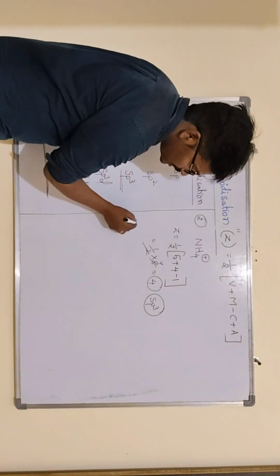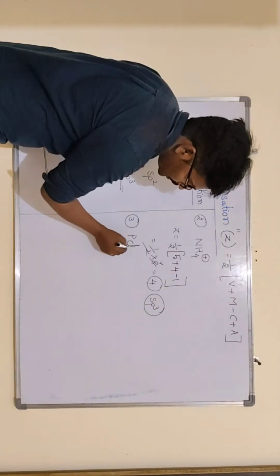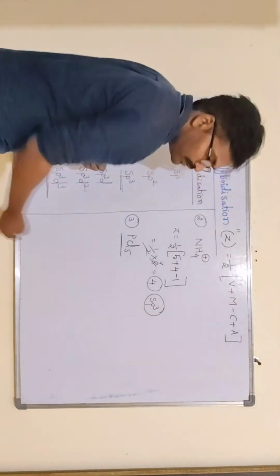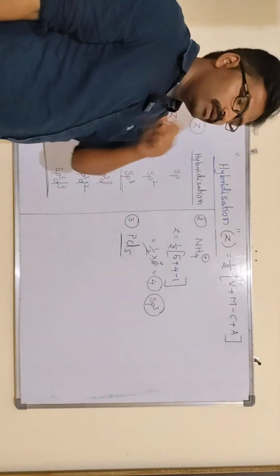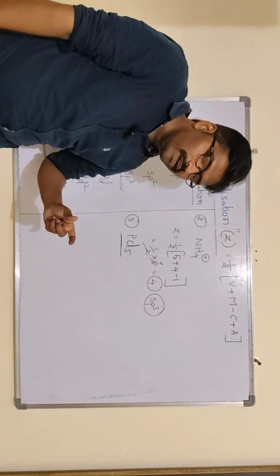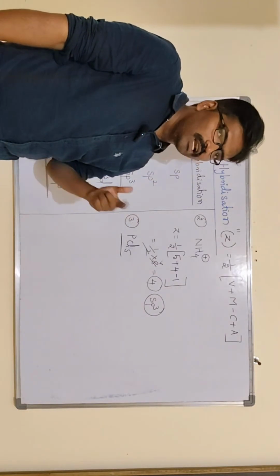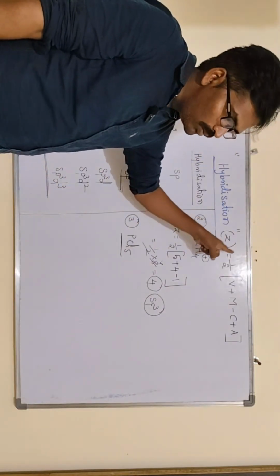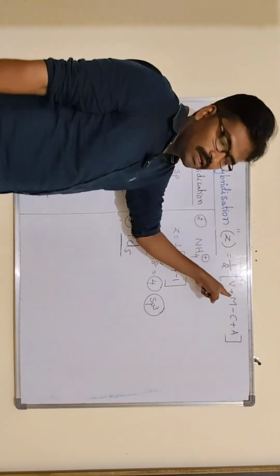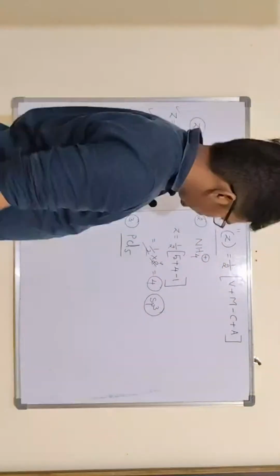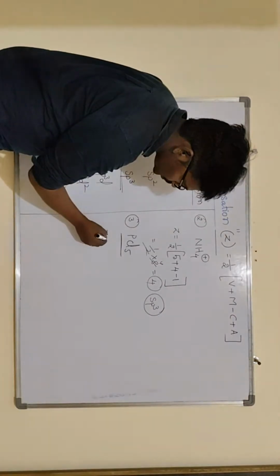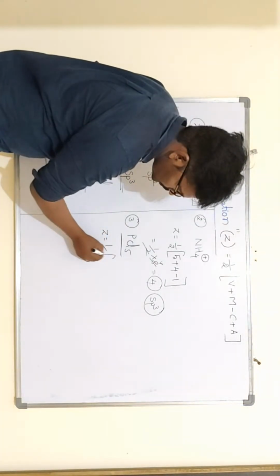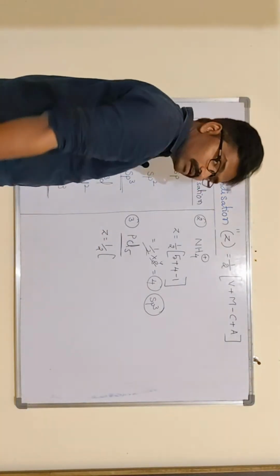Then third example, in case if you take PCl5, we have to find out the hybridization. Hybridization find out cheyali ante steric number find out cheyali. Steric number find out cheyadaniki formula enti: 1 by 2 into V plus M minus C plus A. So Z equals 1 by 2 into valence electrons.